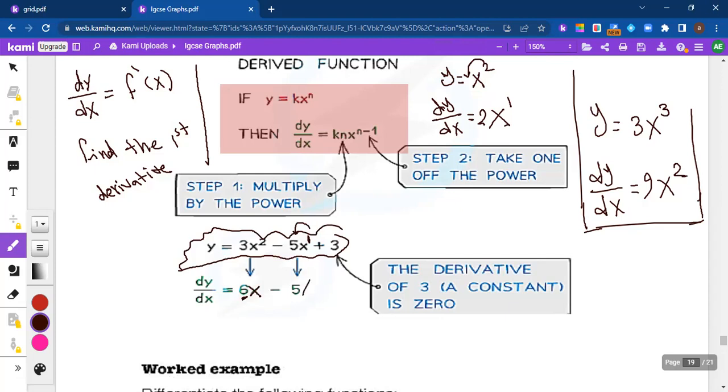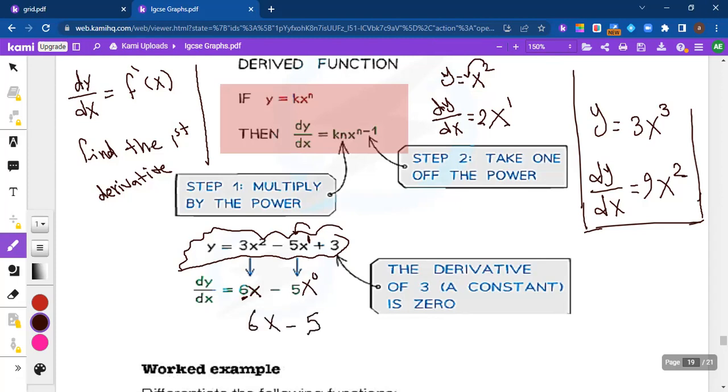And then put x to the power 1 minus 1, which is 0. x to the power 0. Any number to the power 0 is 1. So it is only 6x minus 5.